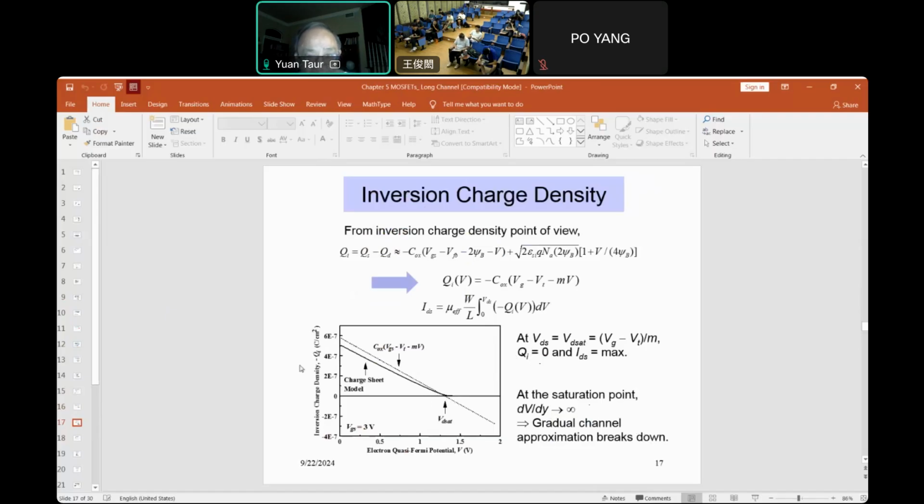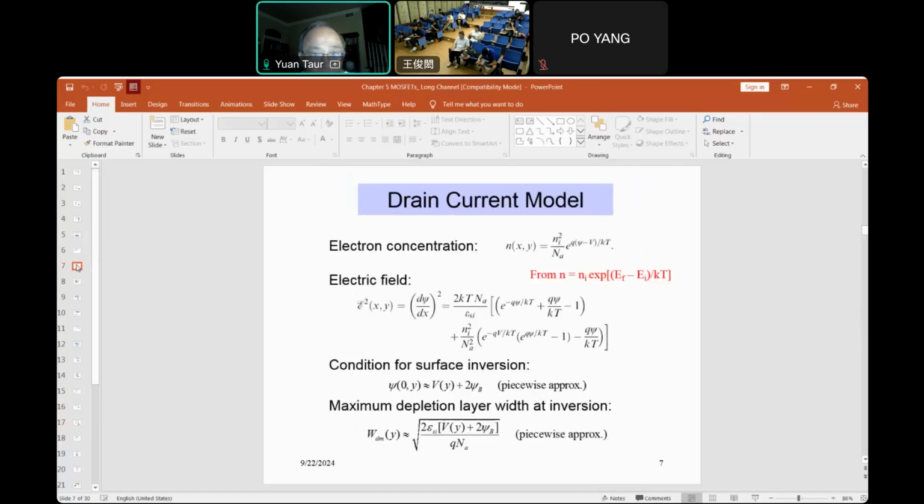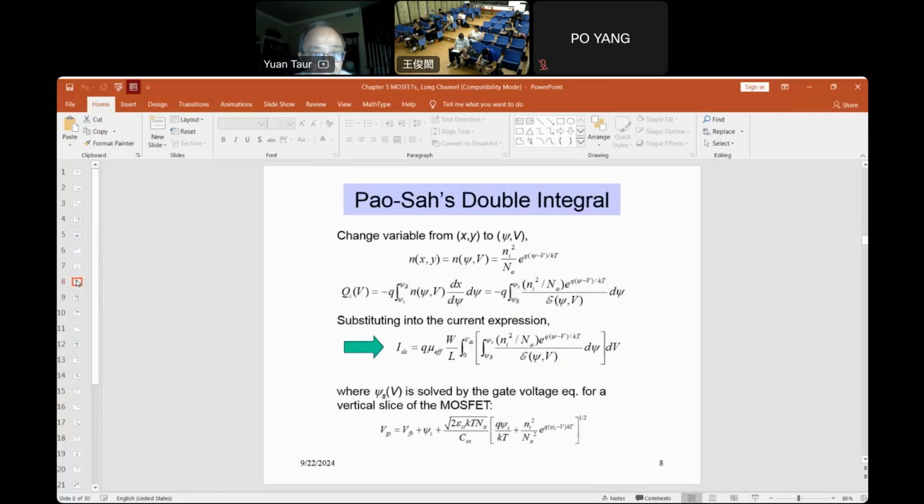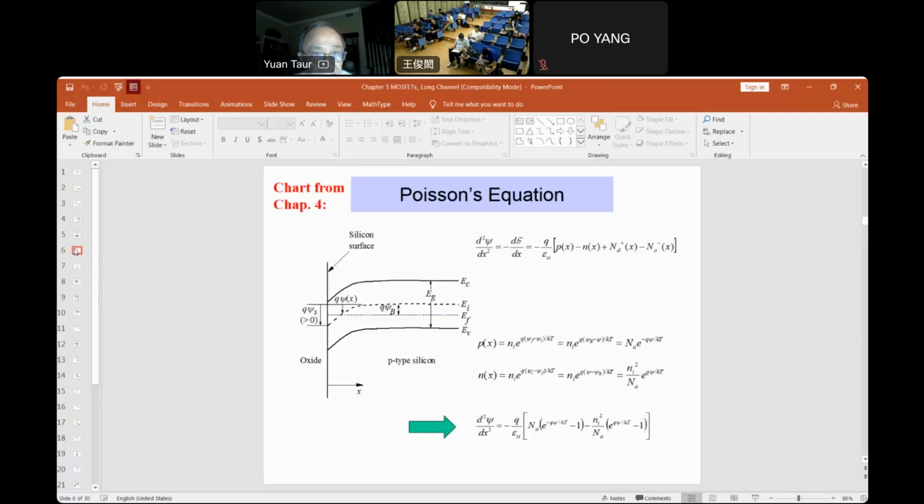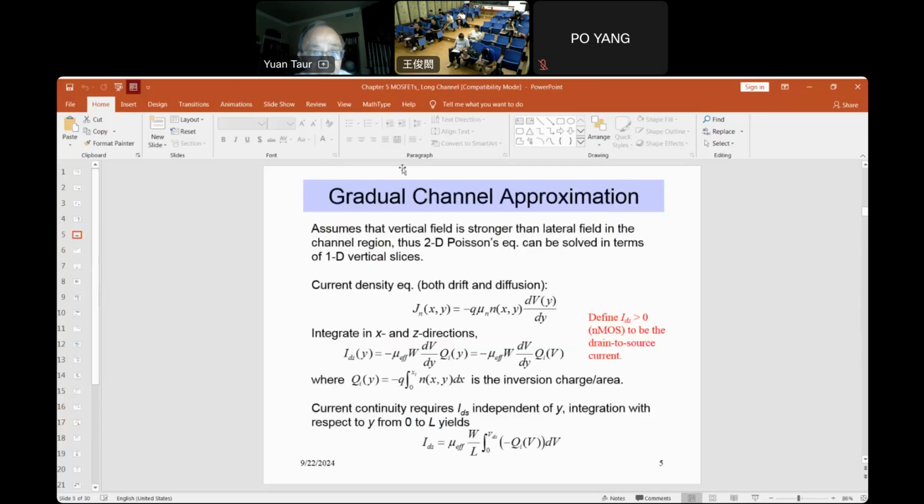So we go all the way back to the gradual channel approximation, assuming the vertical field is stronger than the lateral field.